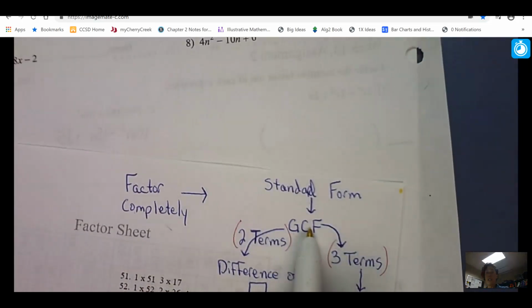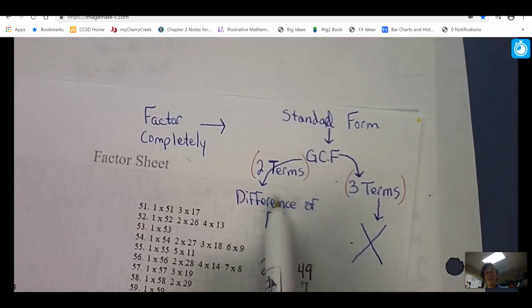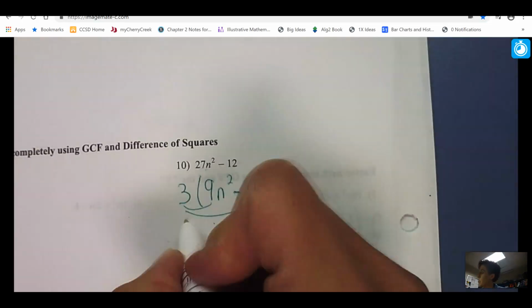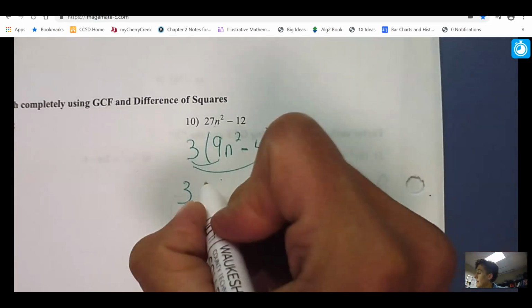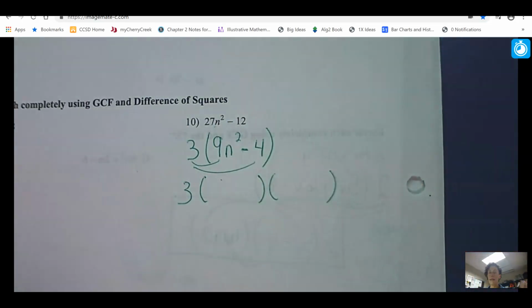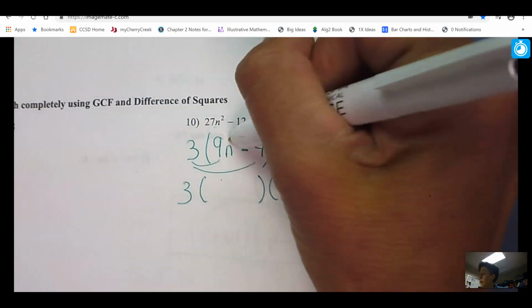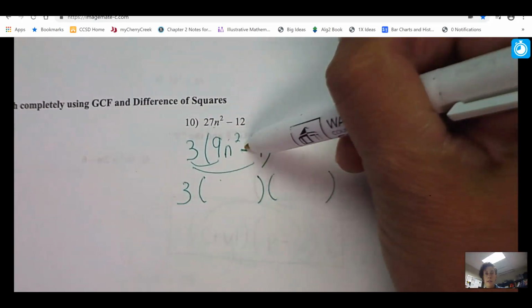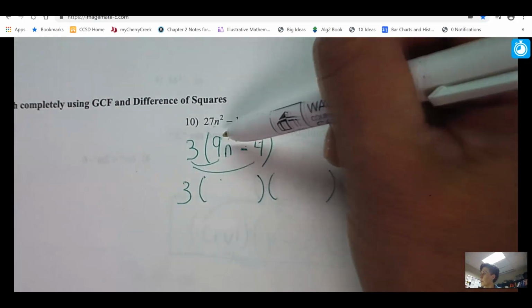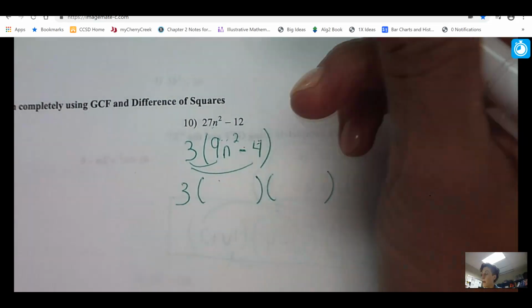I've done the GCF, and with 2 terms, then I'm going to look for this difference of squares. So the difference of squares, here's my GCF just dropping down, and these are the parentheses for the difference of squares, if it happens, but it's going to. So I'll look, it's a difference, that's the first rule. 2 terms, that's the second rule, and each term needs to have a perfect square.